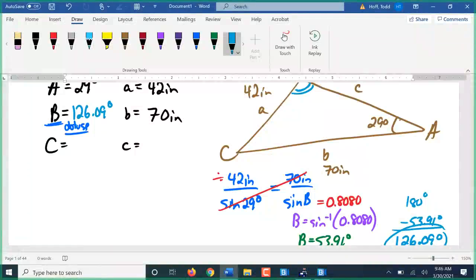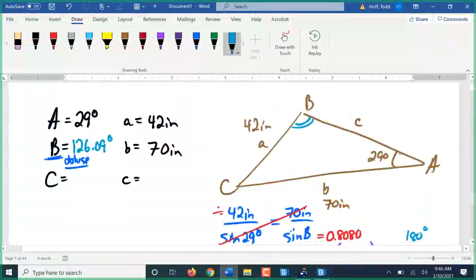And now, of course, we can subtract from 180 to get C, and we can find side C using the law of sines. I can't emphasize this enough, that you have to make sure you know if what you're looking for is an acute angle or an obtuse angle. Sometimes the picture isn't enough to tell.